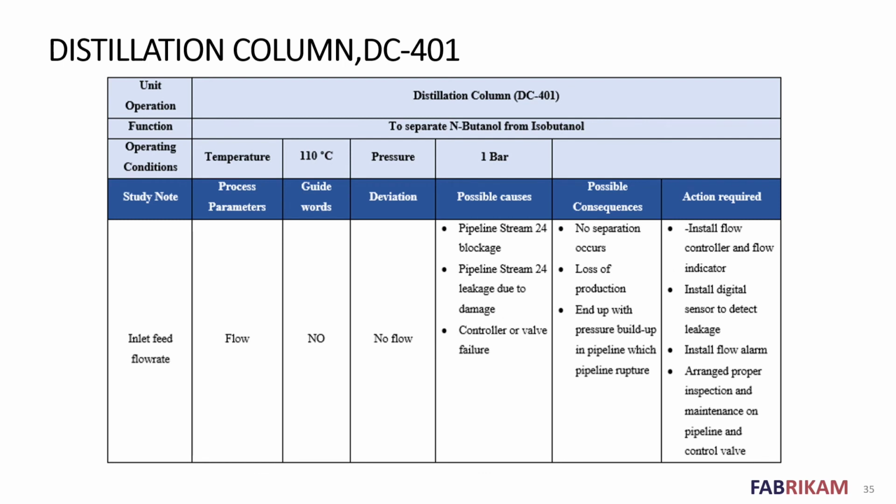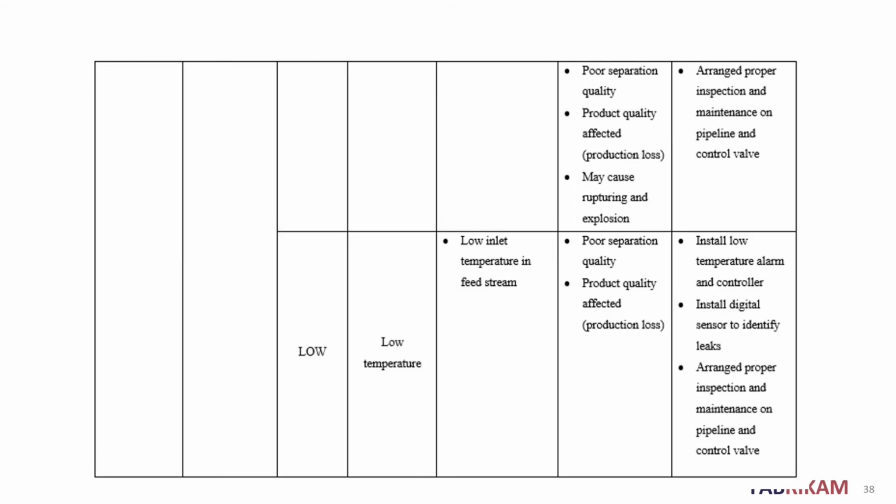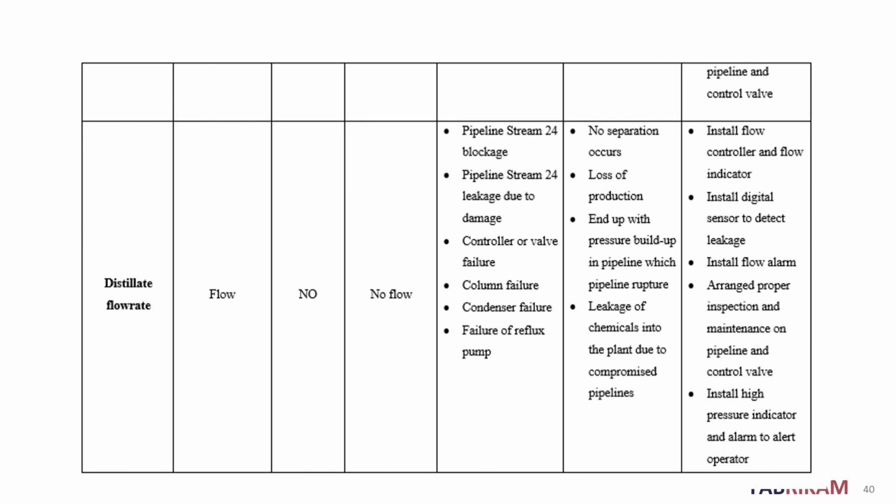For distillation column DC401, there are 4 study notes. Firstly, inlet feed flow rate. Under this study note, there are 3 process parameters which are controlled, which are flow, temperature, and pressure. The second study note is distillate flow rate.